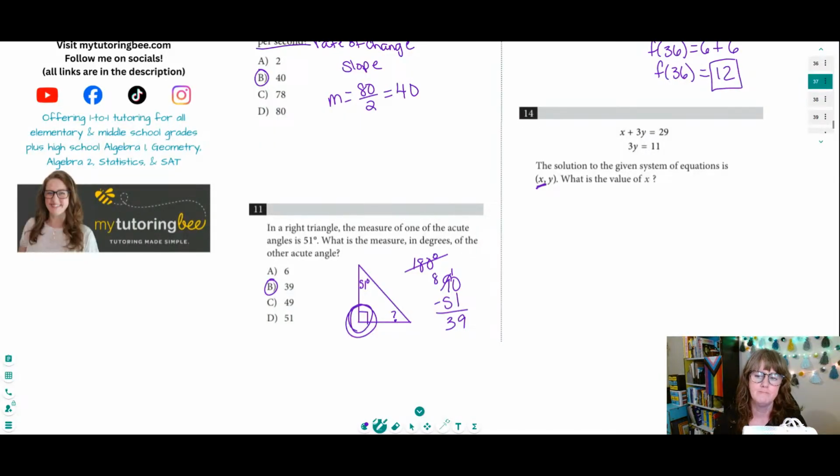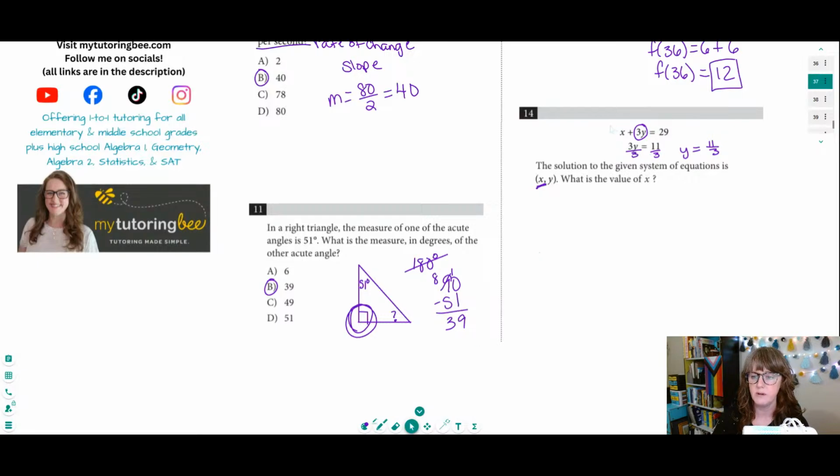You might be tempted, just looking at this one, to solve for y in this second equation by dividing by 3 and get y equals 11 over 3, which would still work. However, I'm also seeing the term 3y in this other equation.